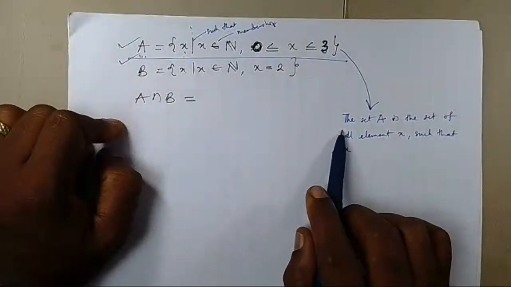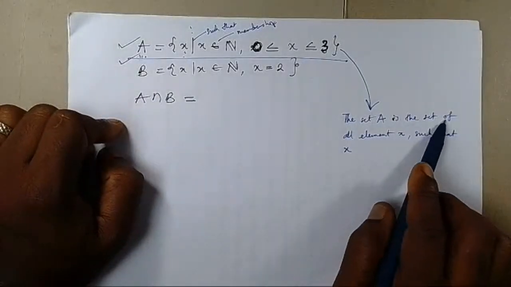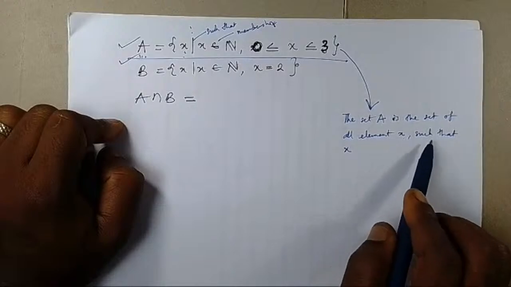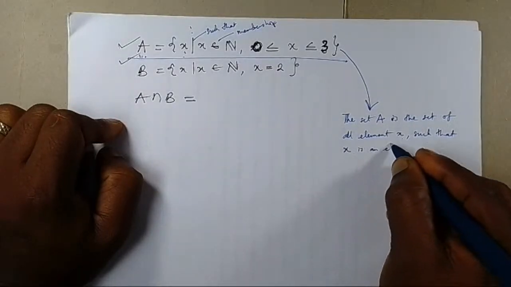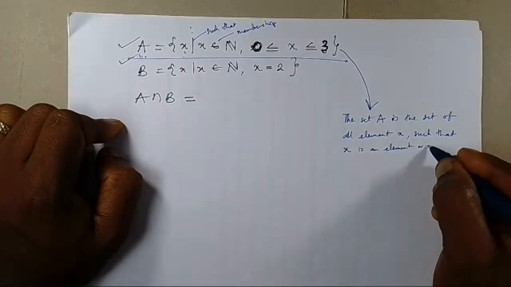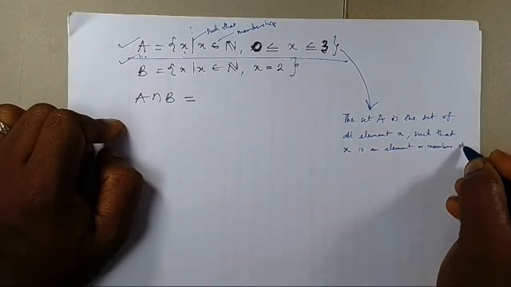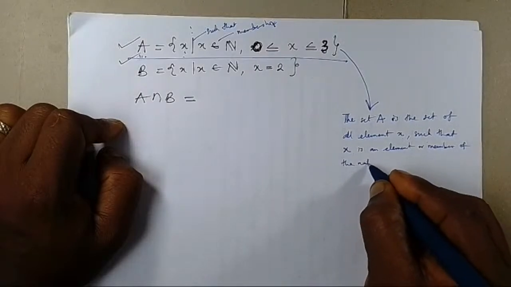So the set A is the set of all elements small x such that x is an element or member of the natural number system.